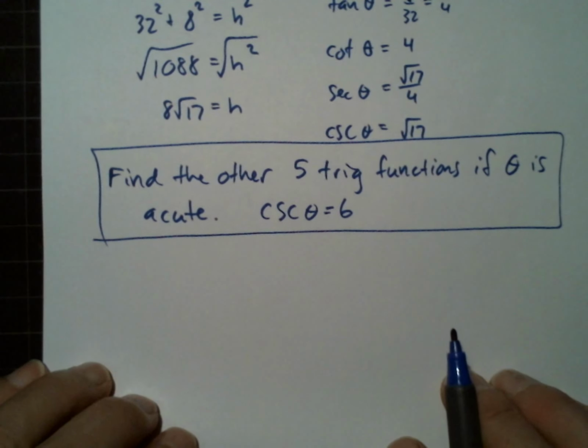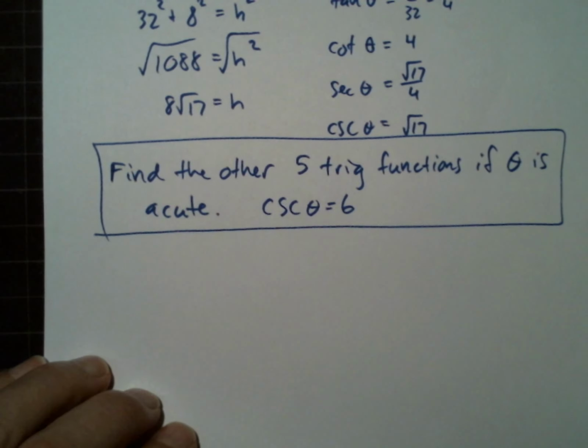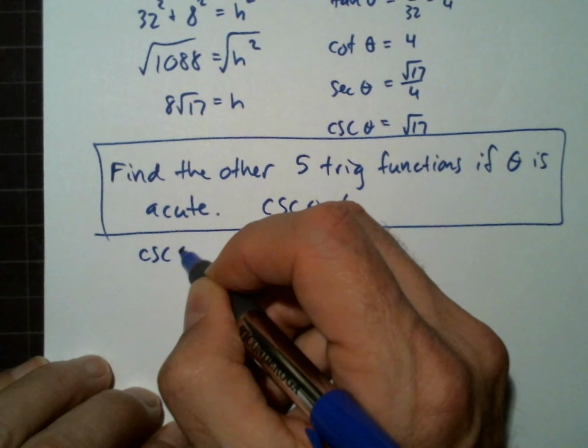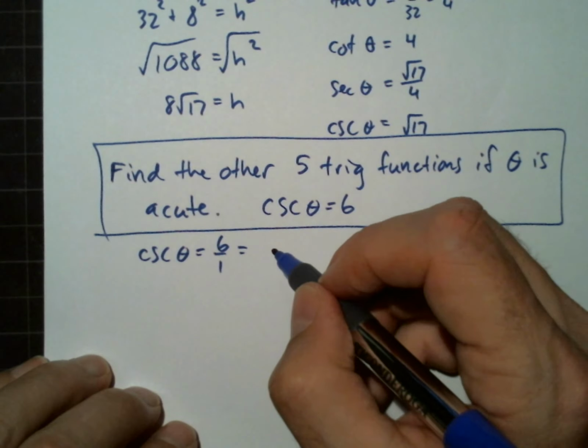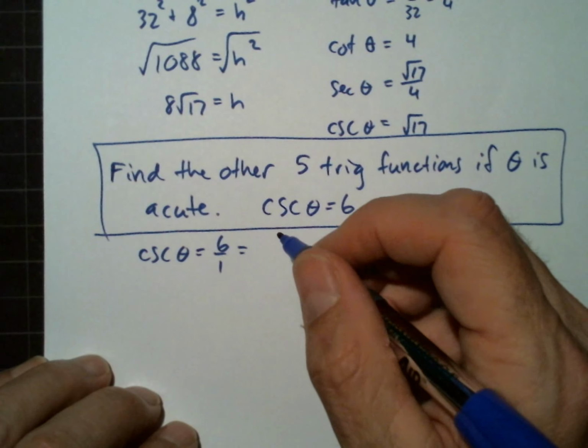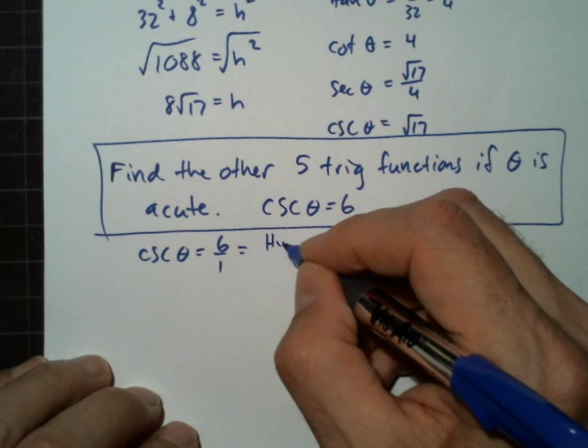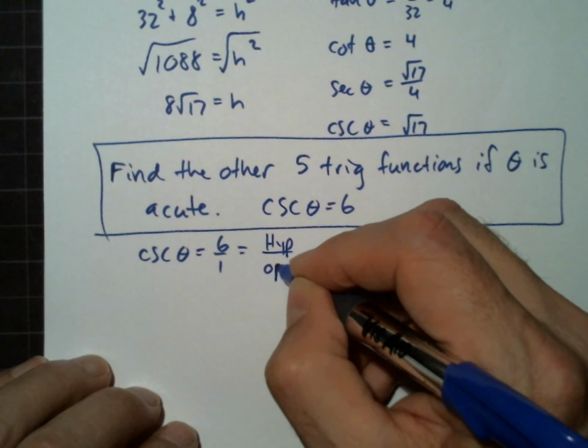So here's another type of question, and we will use cosecant to draw the triangle. We know cosecant is hypotenuse over opposite.